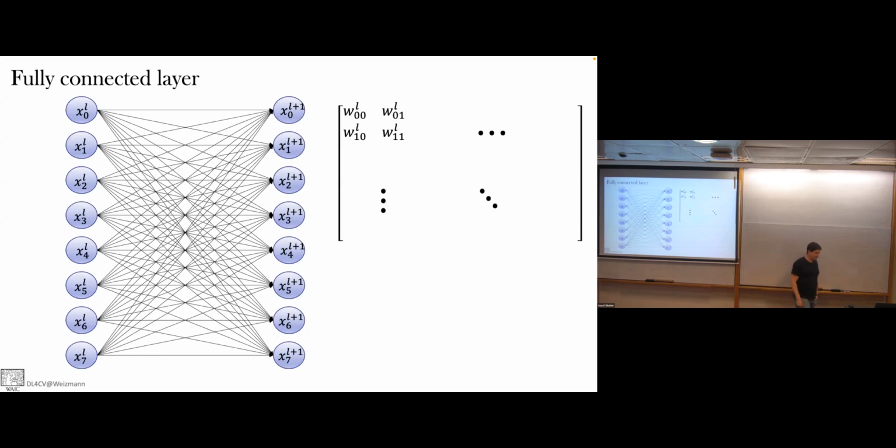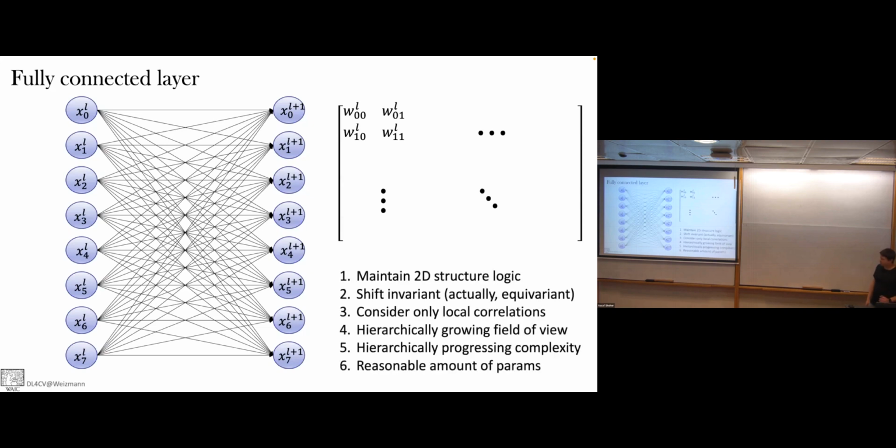And how many weights does this layer have? 8 squared, yeah, 64. So help me out here. Let's go through the list and see what does the fully connected layer maintain, okay? So does it maintain 2D structure logic?